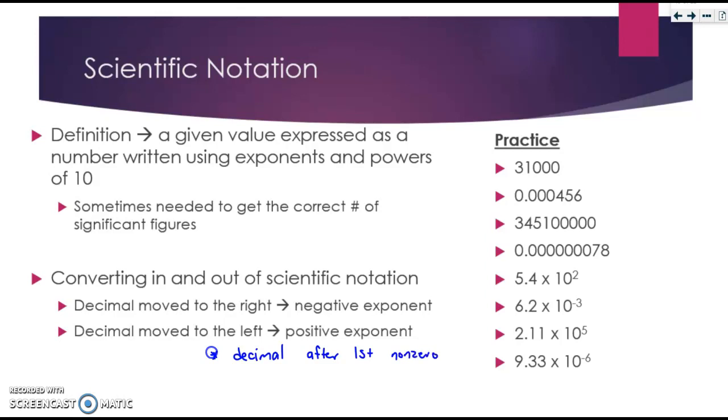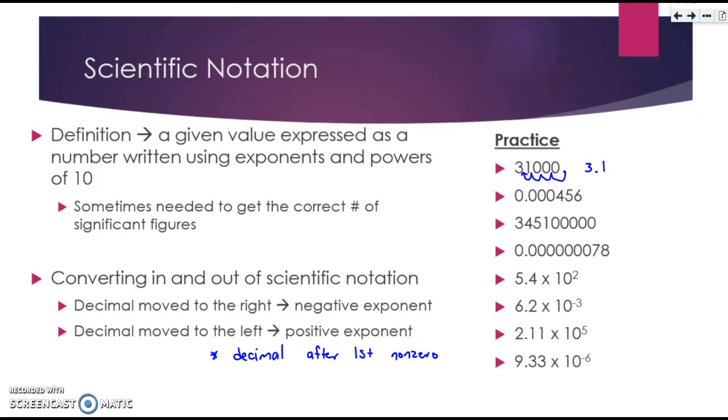So let's do an example of each, and then you'll have some time to practice. That first number there I want to put into scientific notation. The decimal is not shown, but it's present right there, and you're going to move 1, 2, 3, 4 spaces to the left. So we're making a large number smaller.